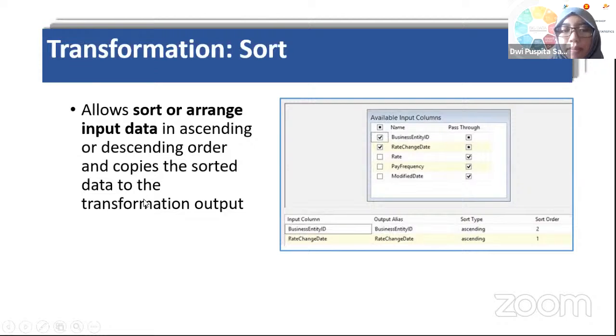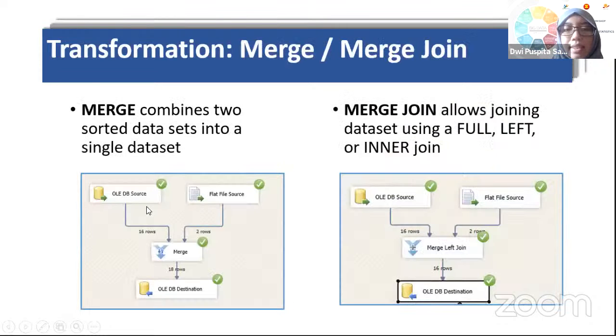That's sort. And then next, there is merge and merge join. Merge is basically when you combine two data sets. This is the example. Maybe you have data in the database and you have another data set in a flat file. You merge those two, and the end result will be the combination of those two data sets.